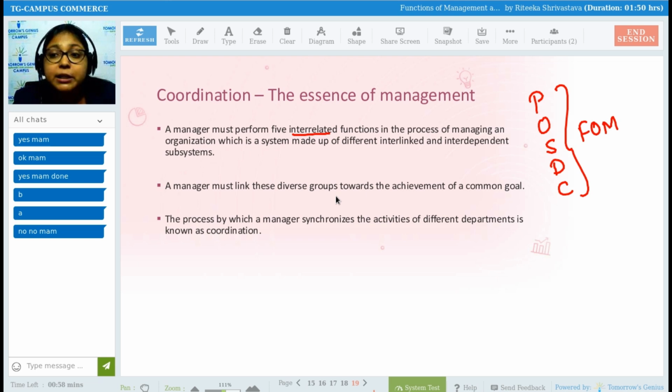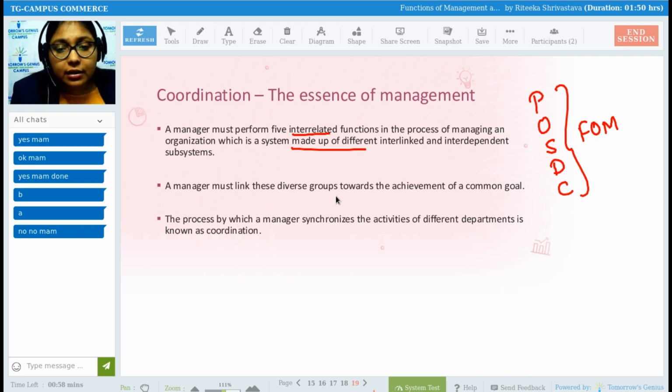Whenever we talk about the functions of management, they go in the same sequence. They are all interrelated to each other. These are the 5 interrelated functions in the process of managing an organization, which is a system of different interlinked and interdependent subsystems.